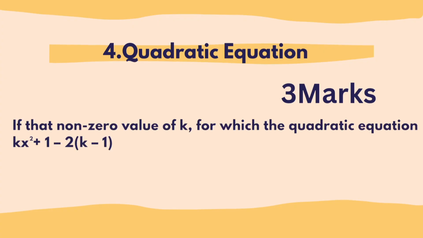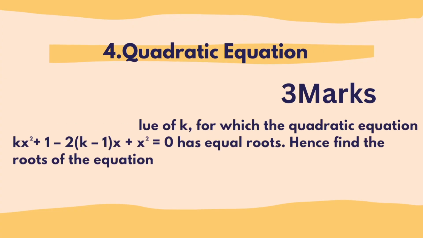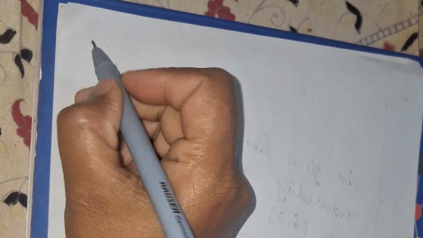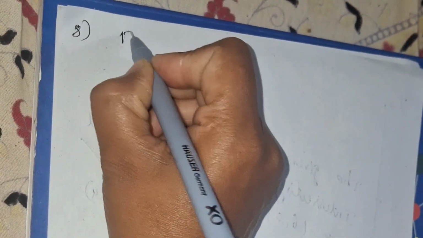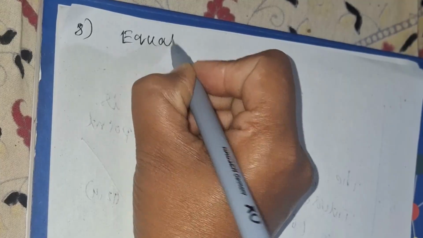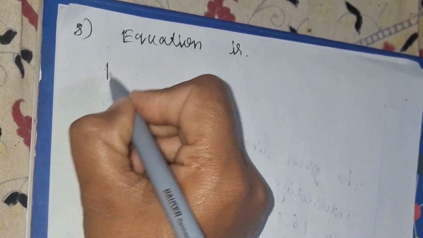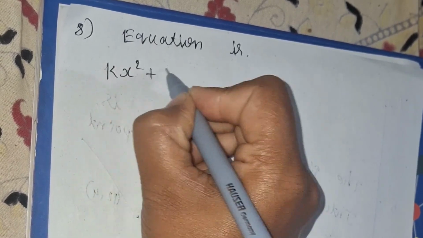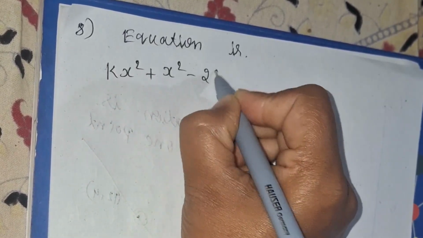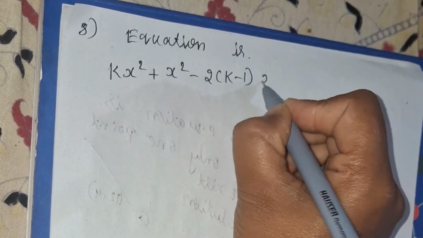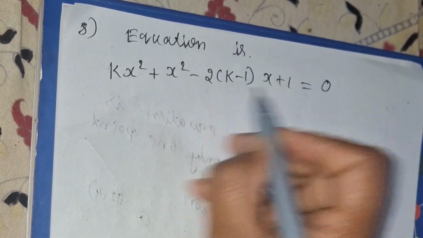Question number 8. Find the non-zero value of k for which the quadratic equation kx square plus 1 minus 2k minus 1 into x plus x square equal to 0 has equal roots, and find the roots of the equation. So first write the given equation: kx square plus x square minus 2 into k minus 1 into x plus 1 equal to 0.